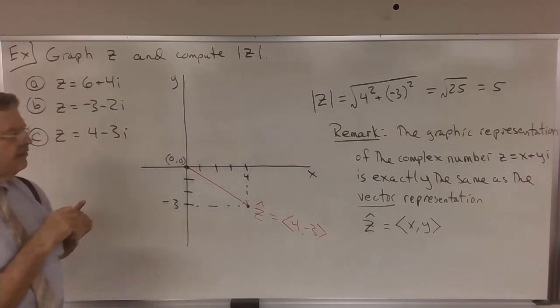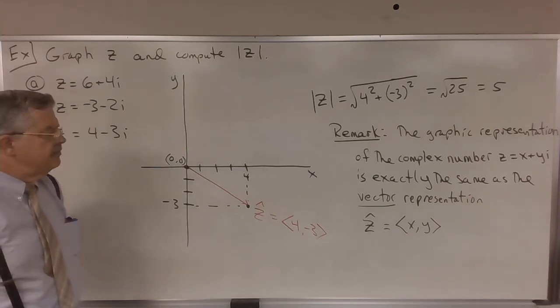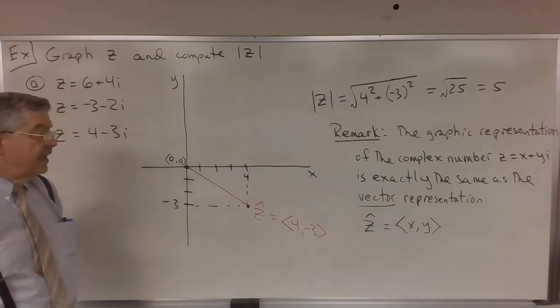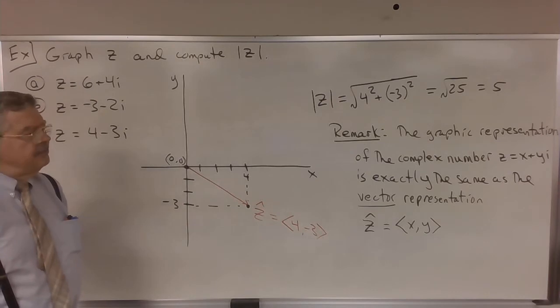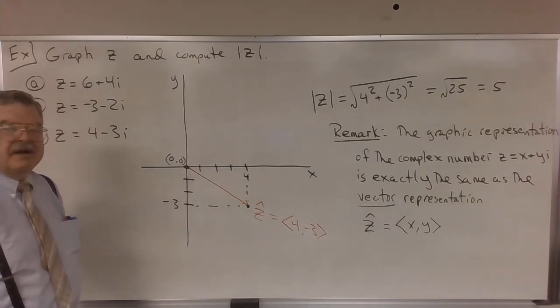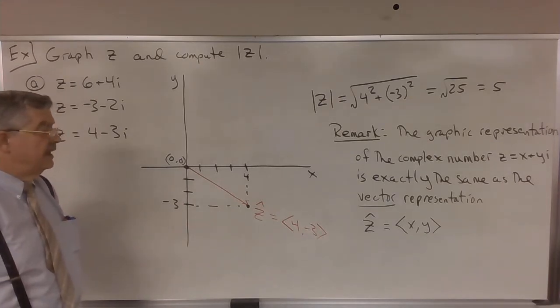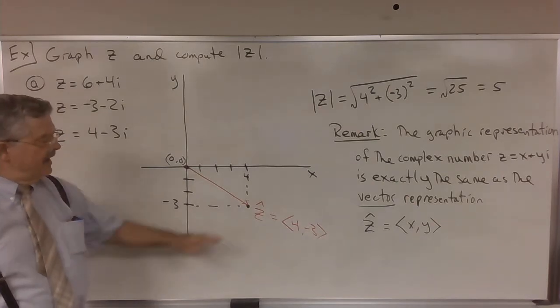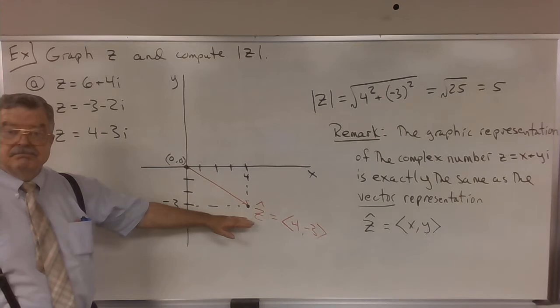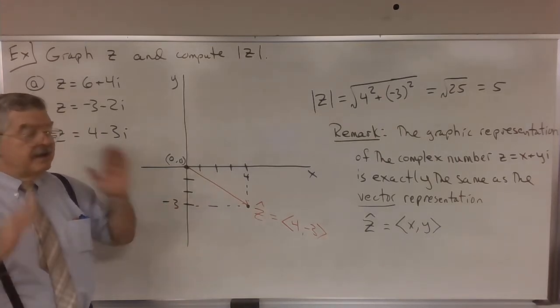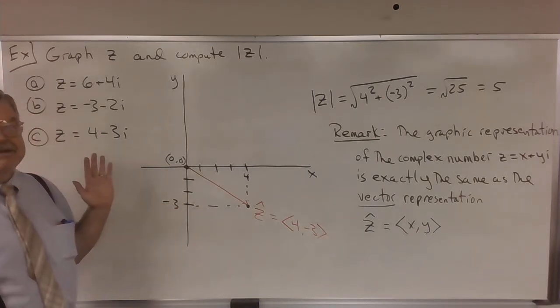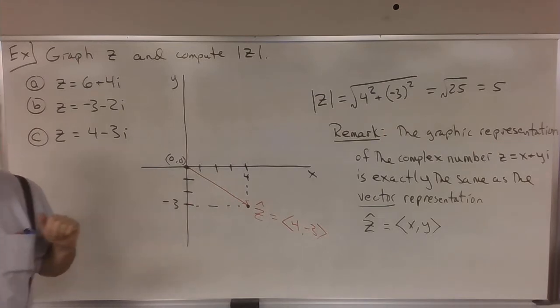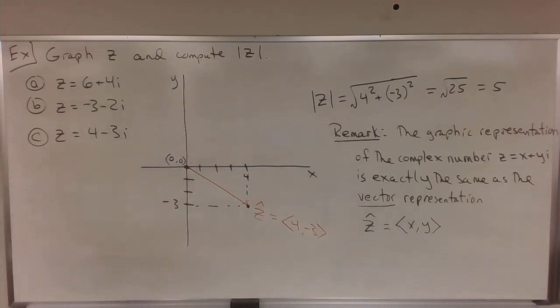So the way we graphed vectors with two components in linear algebra is exactly the same way that we graph complex numbers in the xy plane. We've had linear algebra, we've graphed vectors before. Graphing complex numbers is exactly the same. So we have something to compare all of this to.